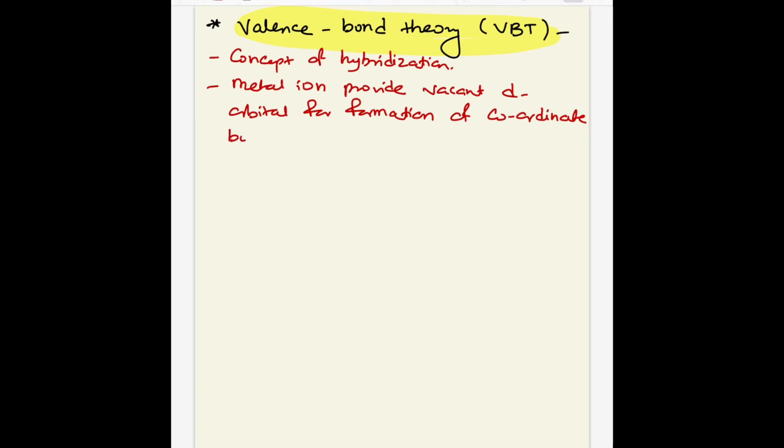That vacant d orbital, along with the s and p orbitals, takes part in hybridization.